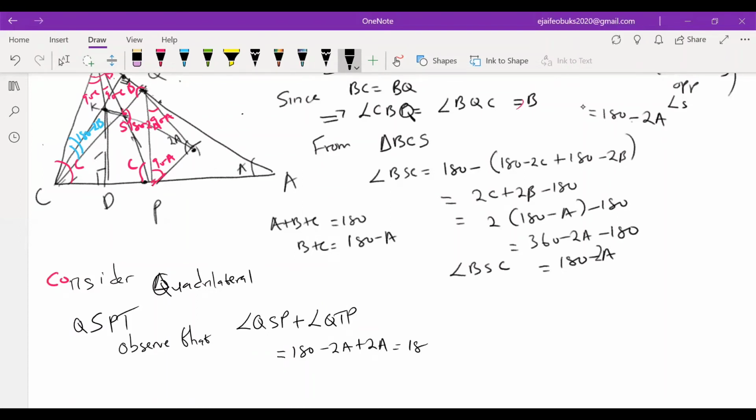That's equal to 180 degrees. What does that mean? That means QSPT is a cyclic quadrilateral. Nice, right?